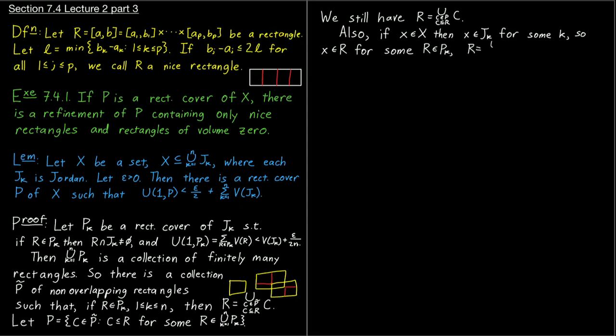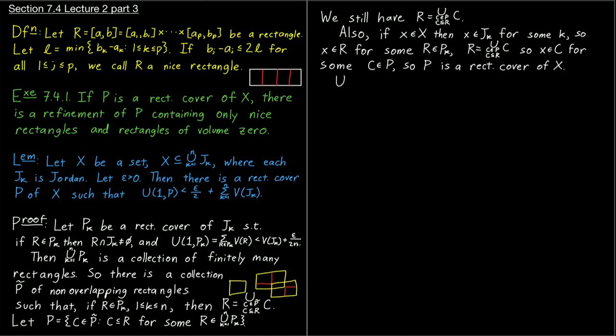R is the union of some rectangles in P. So x is in C for some C. So P is a rectangular cover of X.